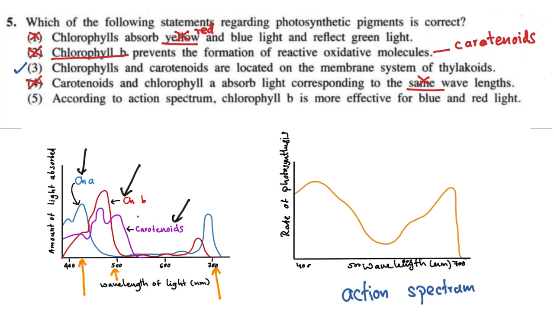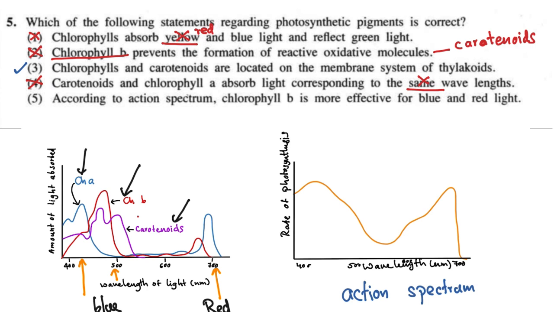They are the blue and red wavelengths. Chlorophyll B is more effective for blue and red light.